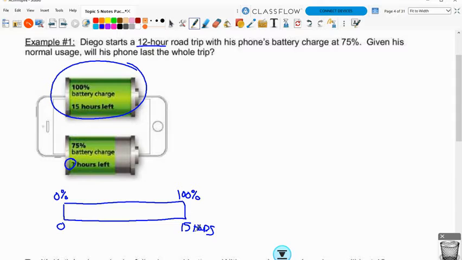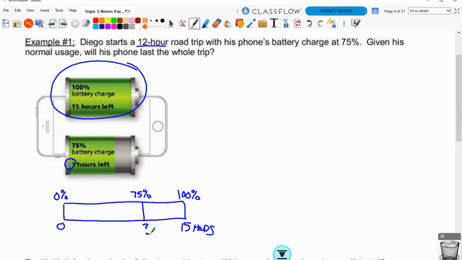We're told that his battery charge is at 75%, which would be right about here. 75%. We don't know how many hours that's going to be. Okay, so we could see that the whole battery, 15 hours, we're looking for the part, 75%, that his battery will last.